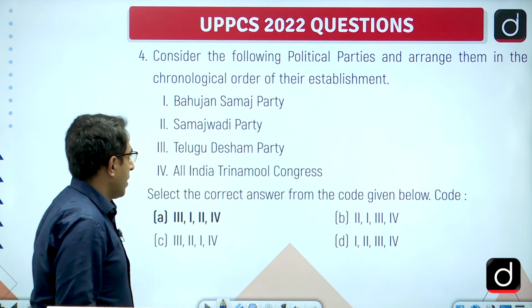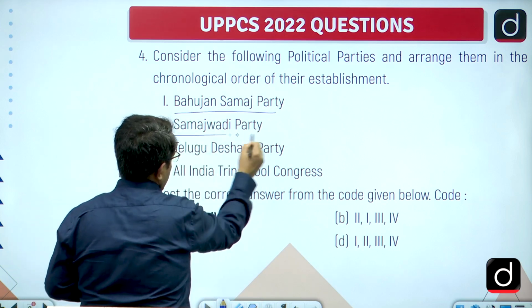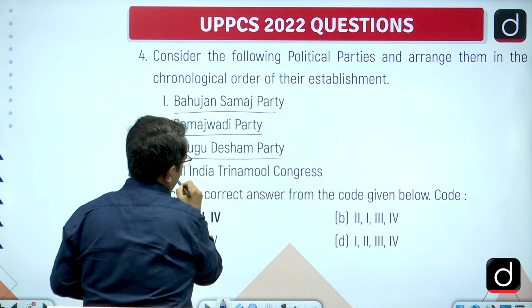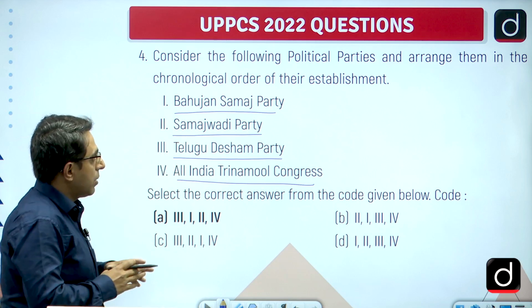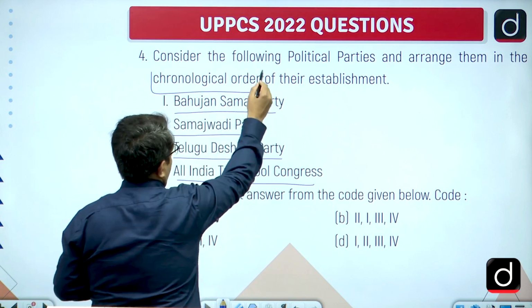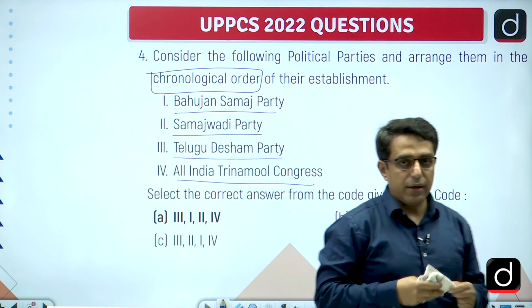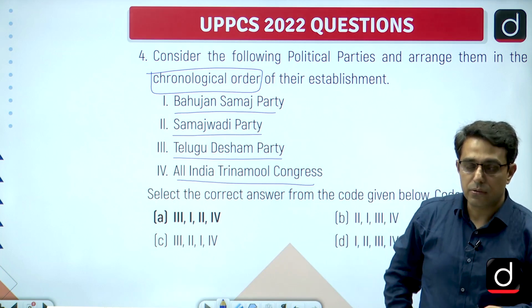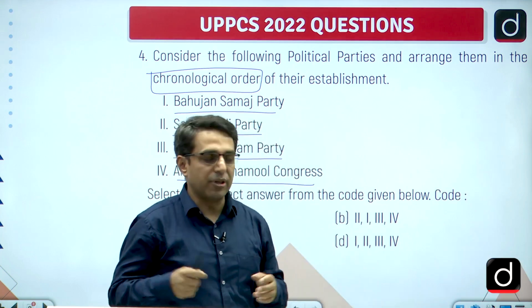The options are Bahujan Samaj Party, Samajwadi Party, Telugu Desam Party, All India Trinamool Congress. The question says consider the following political parties and arrange them in the chronological order of their establishment. That means we have to arrange them in the order in which they have been created or established.